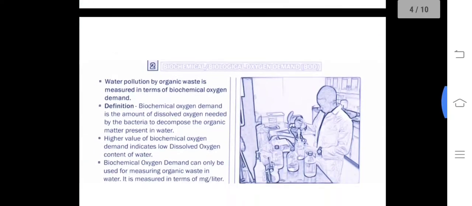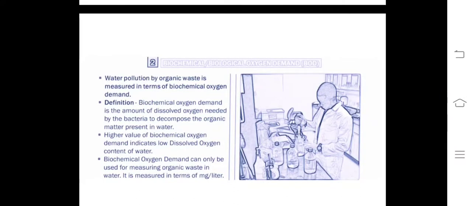Okay, now we'll move towards the second parameter, that's biochemical or biological oxygen demand. Very important, because in UPSC prelims, BOD and COD have been asked many times. You cannot ignore this topic. Very important topic. Water pollution by organic waste is measured in terms of BOD.